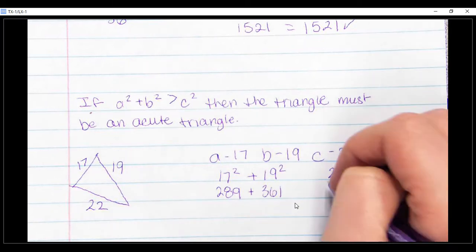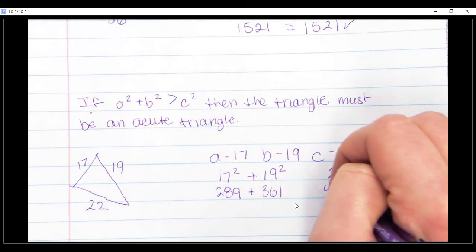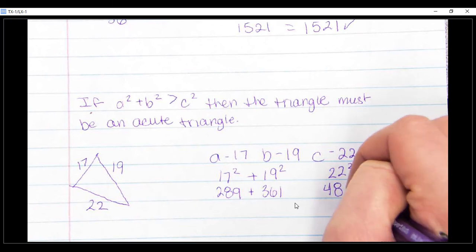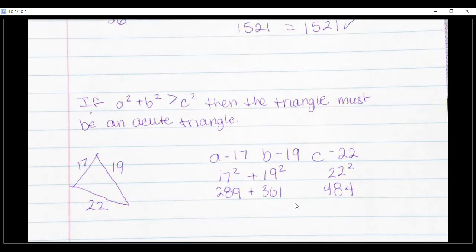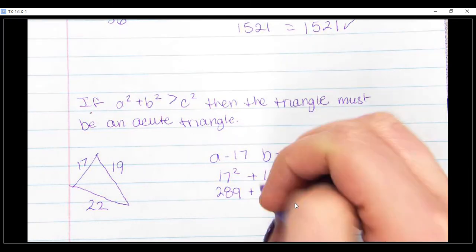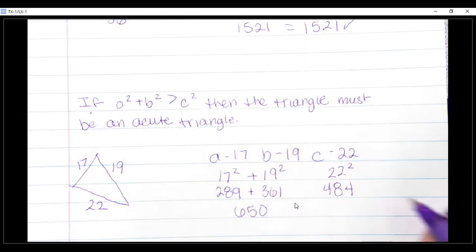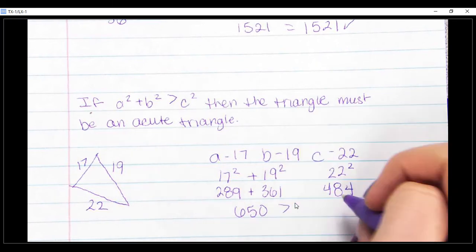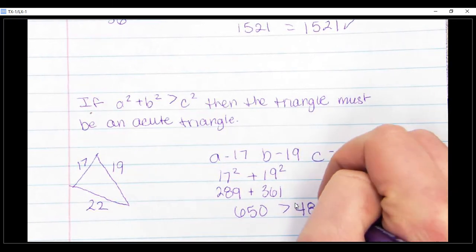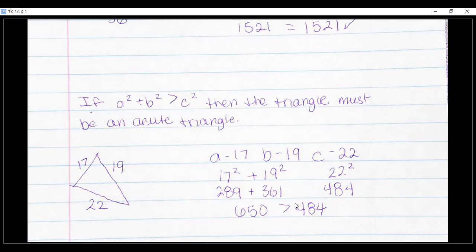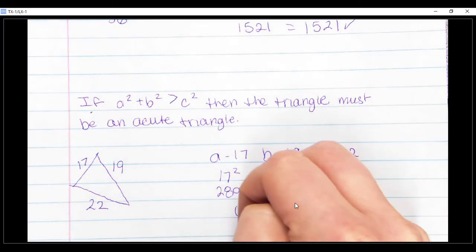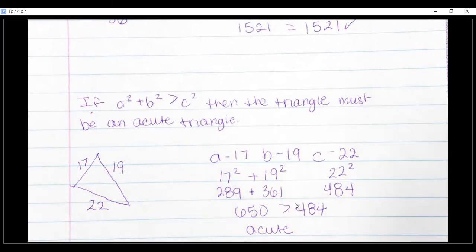We're going to look at that relationship with 22 squared, which is 484. If we add 289 plus 361, you get 650, which is greater than 484. So because a squared plus b squared, the two legs squared added together, is greater than the hypotenuse squared, we know that this is an acute triangle.